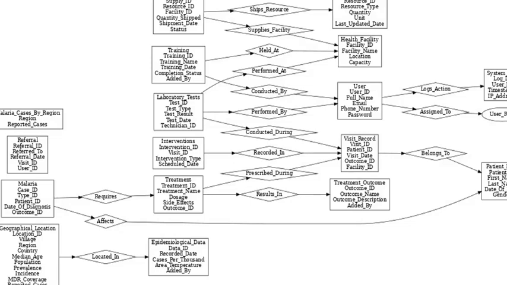So in patient's data, the patient ID is the first attribute.